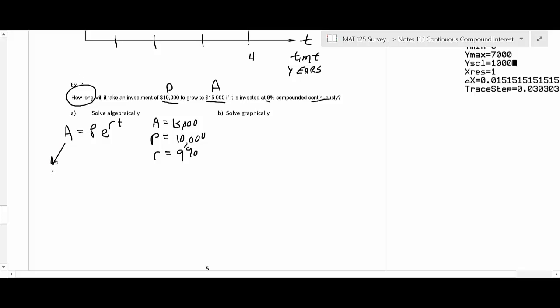So you want to write down A is 15,000, the principal is 10,000, and then you have e to the 0.09 times T like that. Okay, and I'm going to show you how to do this with technology and to use it with more of an algebraic approach. So you're going to figure out how long it takes for that investment to grow.